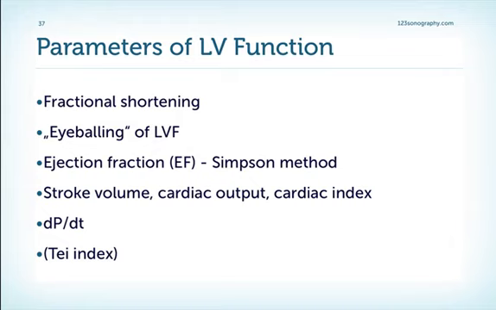But let's now see which parameters are available for the quantification of left ventricular function. Fractional shortening, eyeballing and estimation of left ventricular function, calculations of ejection fraction using the Simpson method, calculations of stroke volume, cardiac output and cardiac index, contractility measurements using dP/dt, and the TEI index.